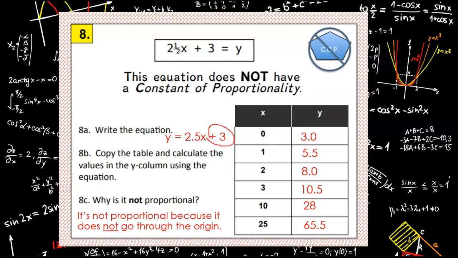So the 3 is our y-intercept, so 0, 3. And then you can plug in 1, 2, 3, 10, and 25 for x to find your y values. It is not proportional because it does not go through the origin.